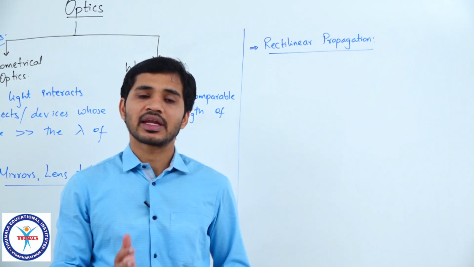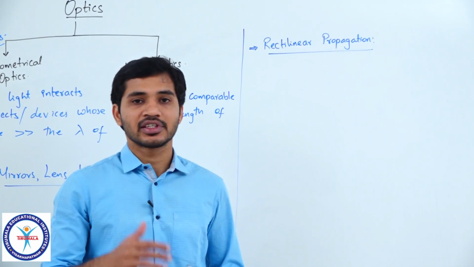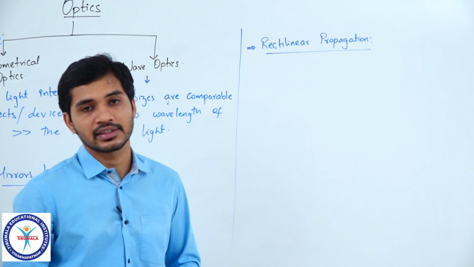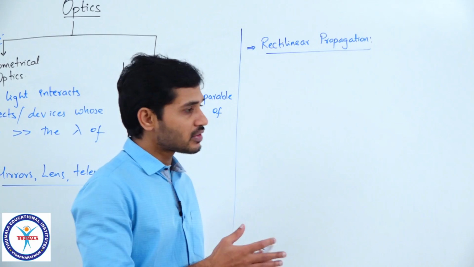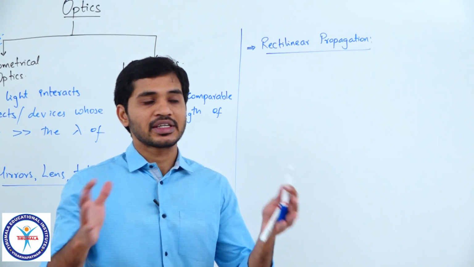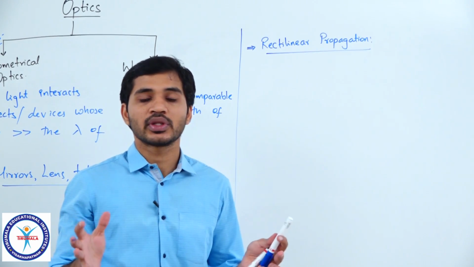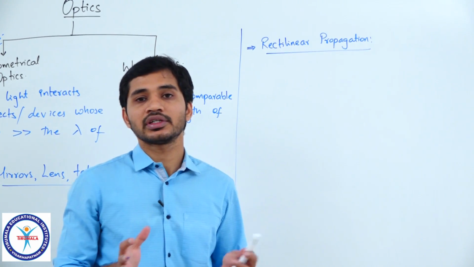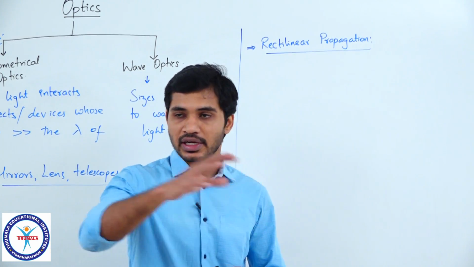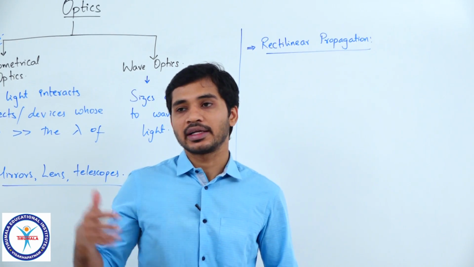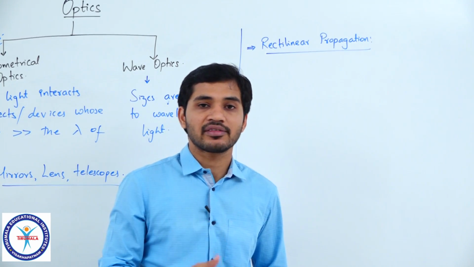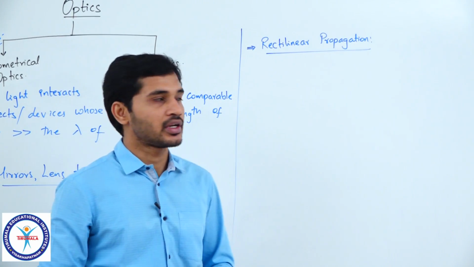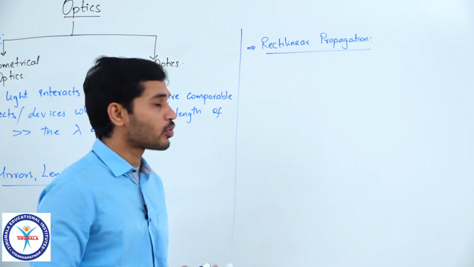There are cases where light can bend as well, whenever the medium is changing its properties, which we will discuss in the later part of the chapter. But whenever we have a uniform medium, for example, let us say this room is uniformly filled with air and the temperature is the same, pressure is the same, so when all the parameters are similar at each and every part of the medium, whenever a light ray is travelling in such a medium, it has to travel from one point to another point in a straight line. That is what we mean by rectilinear propagation.